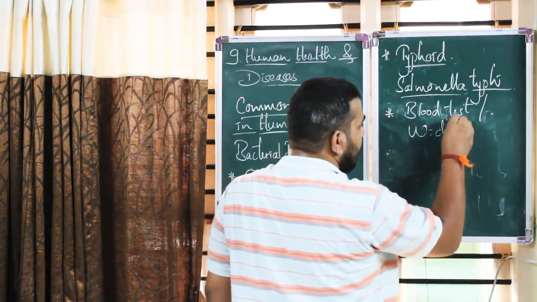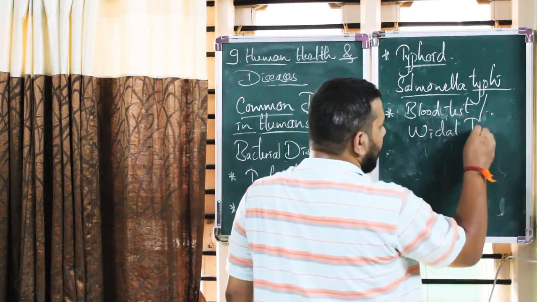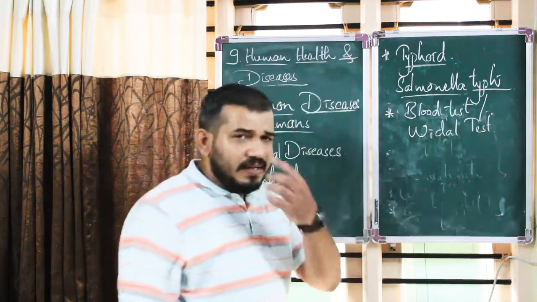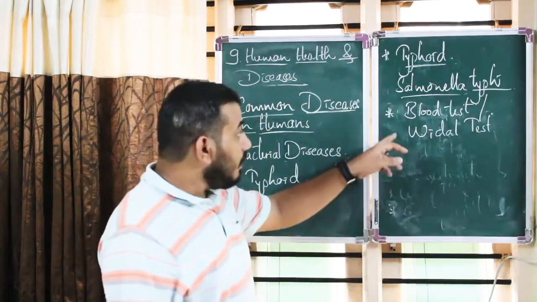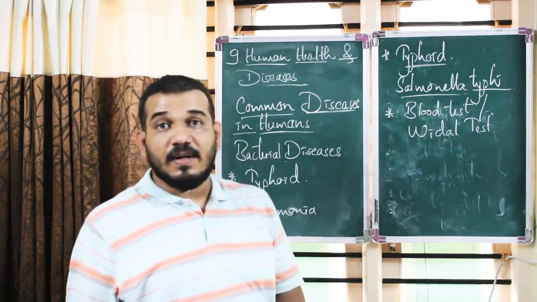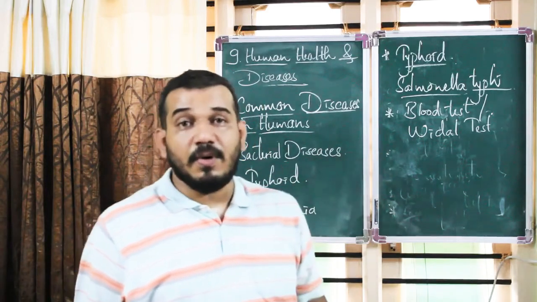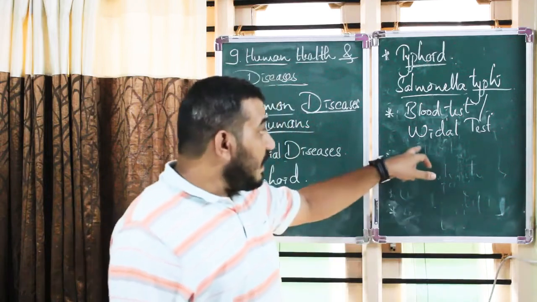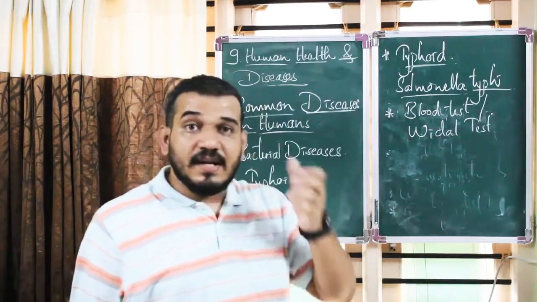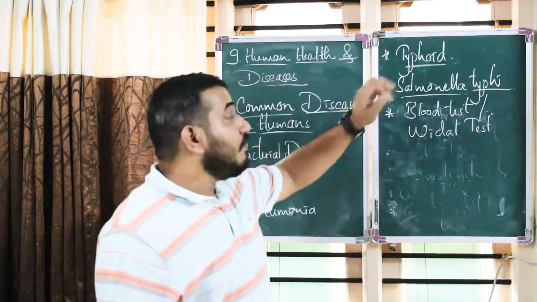We call it the Widal test, or you may call it the Widal test as well. So it is confirmed by a serological test called the Widal test. Now this is very important. You need to remember this. This may be asked in exam. Which is the confirmatory test for typhoid?